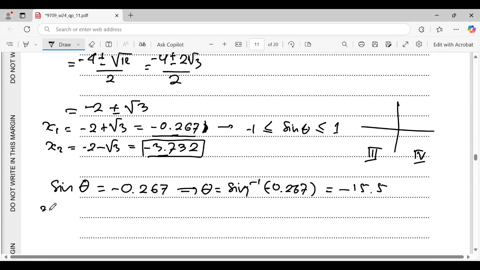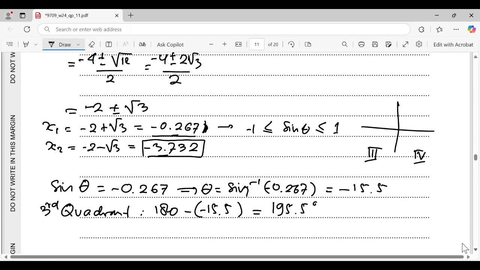Now on the third quadrant, 180 minus minus 15.5, so this is 195.5 degrees.